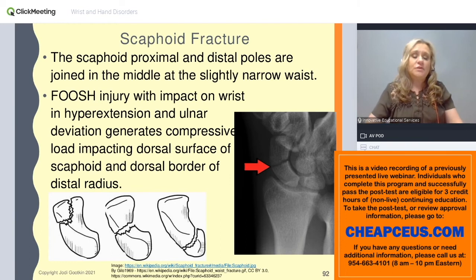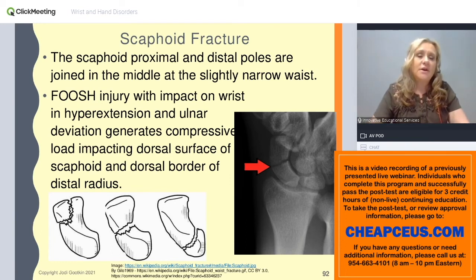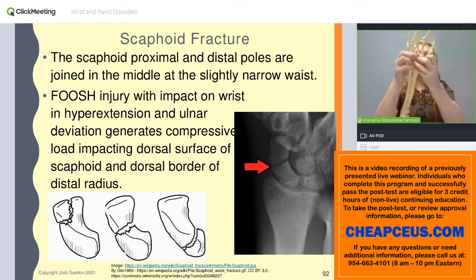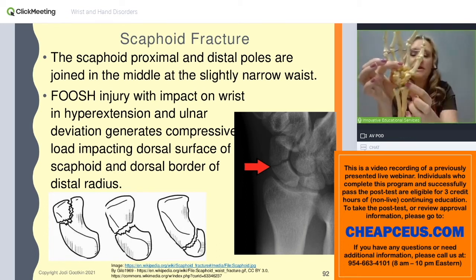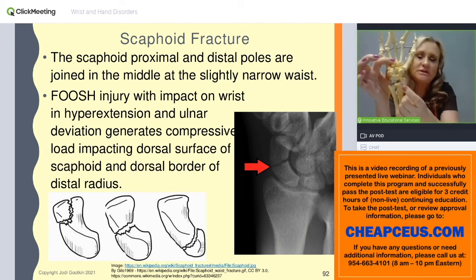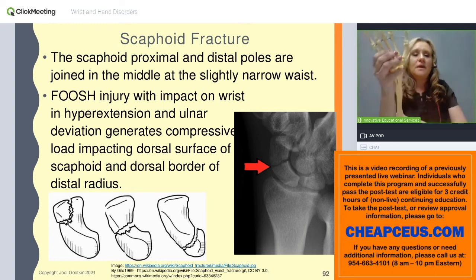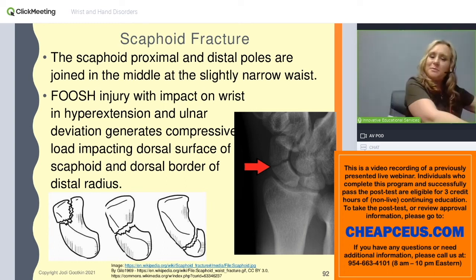Moving over to the medial side of our hand, that scaphoid is a very critical bone in our hands. Looking at our scaphoid, it articulates with our radius in order to create that wrist joint along with the lunate. Scaphoid is kind of shaped like a little boat.